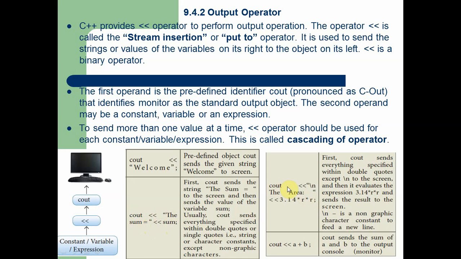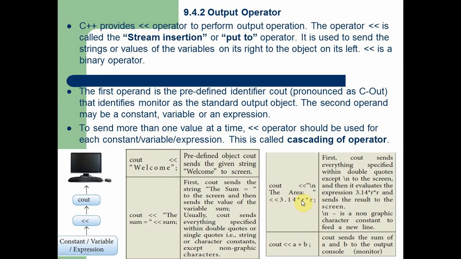In this example you can see cout, the first value is "the area", this is the string. The second value is an expression. So what is an expression? An expression is a statement which does some operation. Here you can see 3.14 * r * r. So this is the expression for pi r square. The value of pi is 3.14 and r refers to the radius.